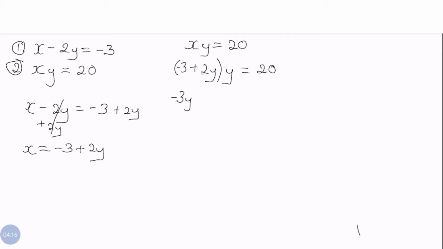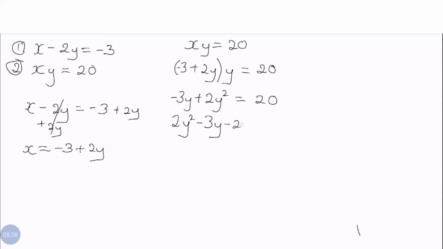Y multiplied by 2y, we have plus 2y squared equal to 20. So let us rearrange this, and we will take the 20 from the right hand side to the left hand side. How do we do that? We will subtract it from this side and then subtract it here as well.